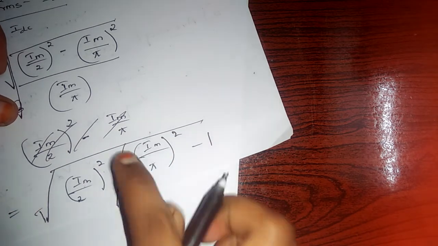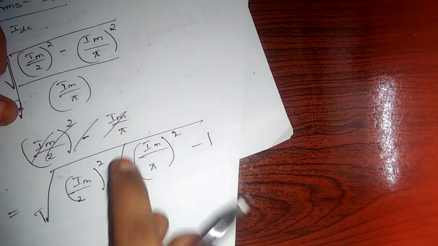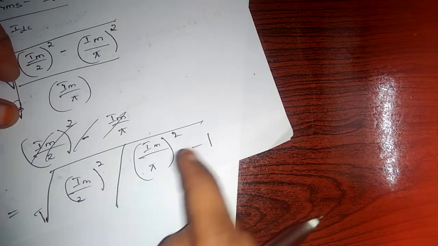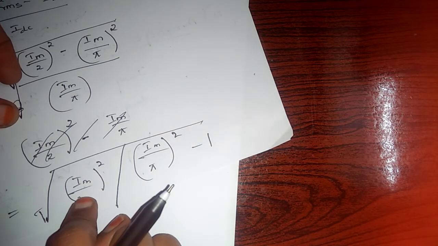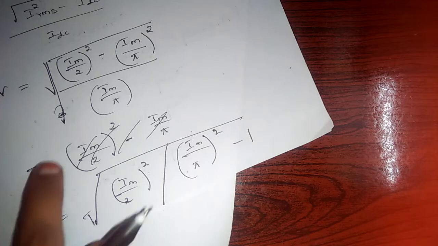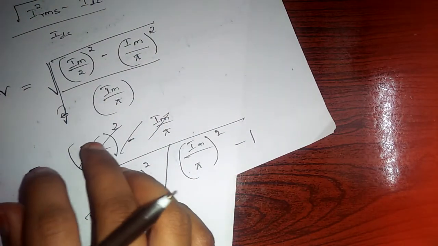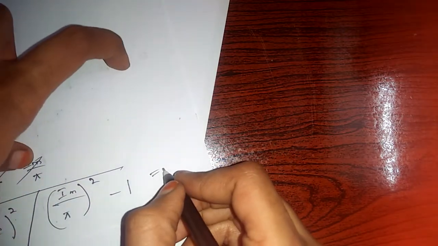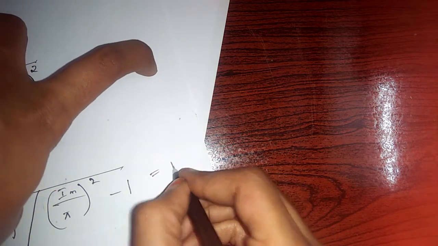If I take common, I get this equation. So if you solve this, I mean if we practically know the values of Im, IRMS and ID, then we get the ripple factor which is nearly equal to 1.21.